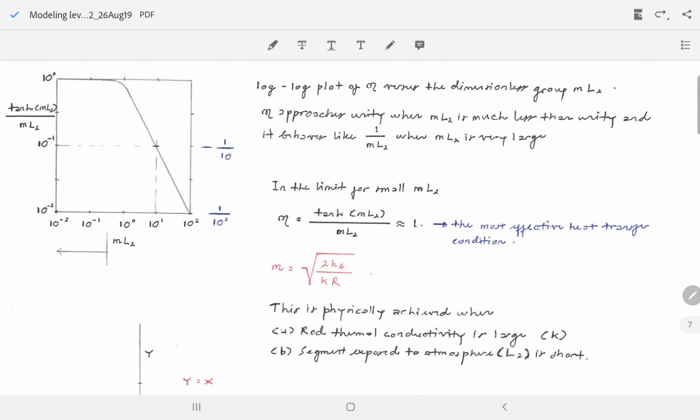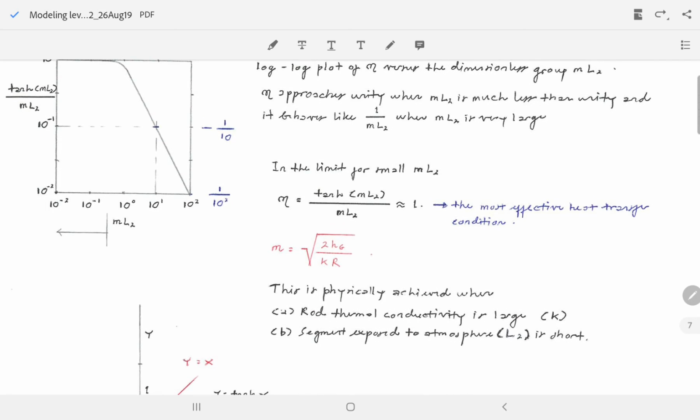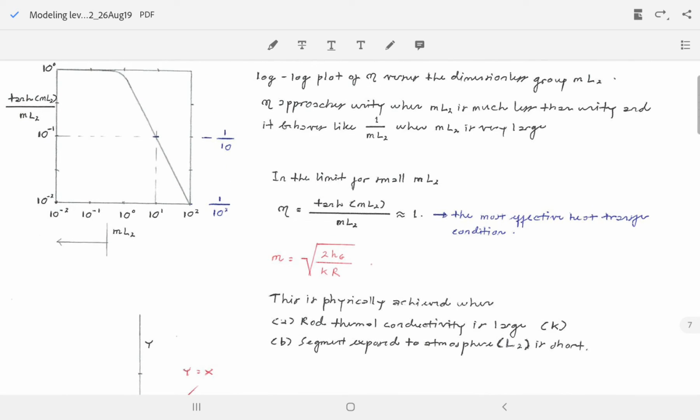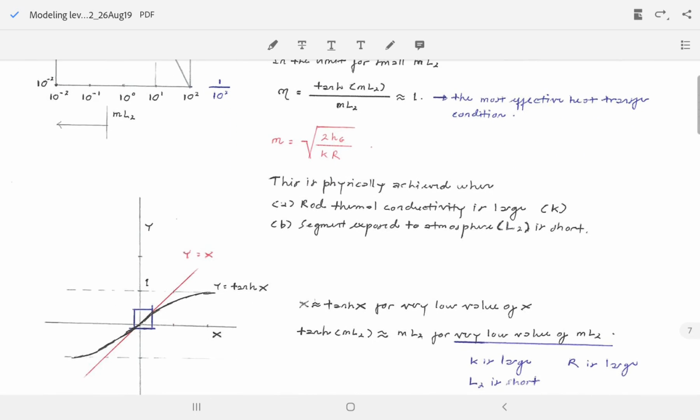So in the limit for small ml2, your effectiveness factor will be equal to 1. Meaning that your modeling level 1 equations will be valid when this effectiveness factor is equal to 1. So this mu will be equal to 1 only when ml2 is much less than 1.